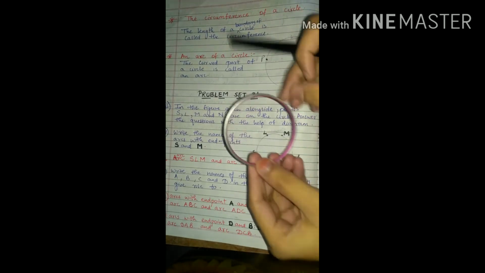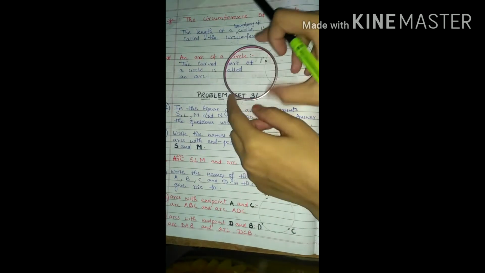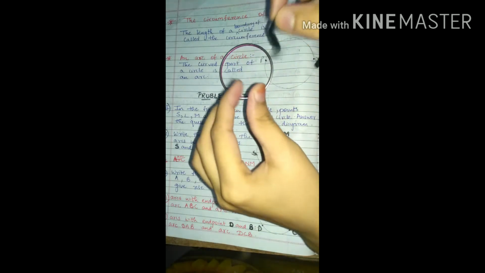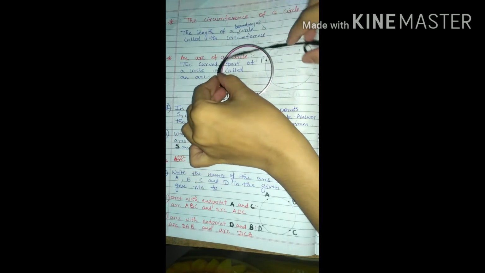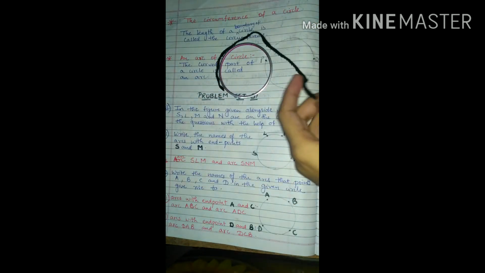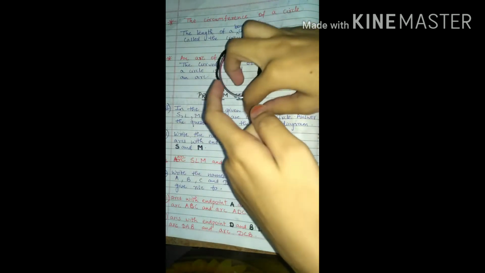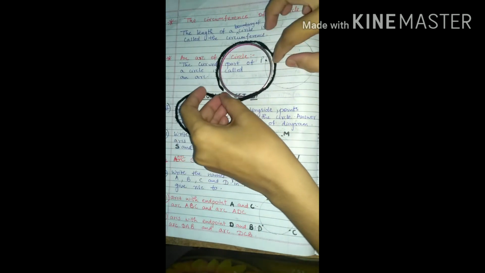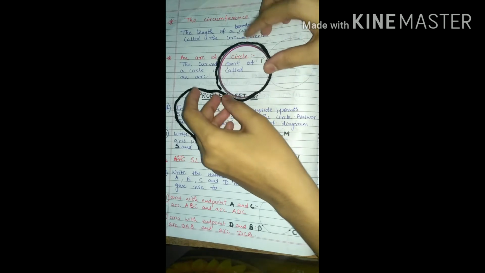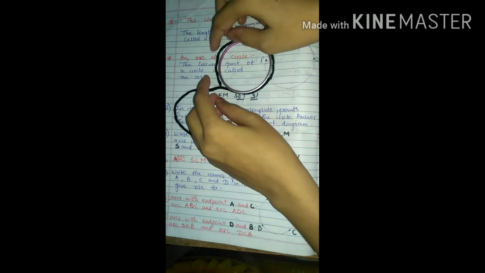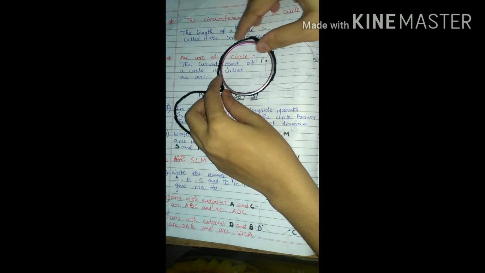So for example, I have taken one bangle and kept it here, then one thread. Start from a point and just cover this. You have to cover this bangle.